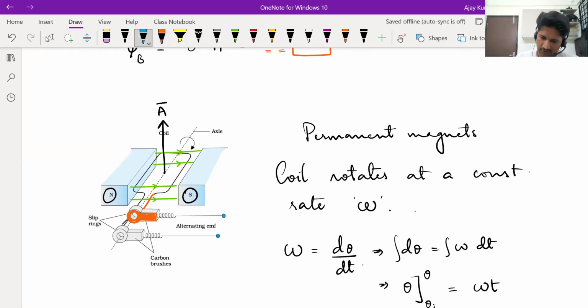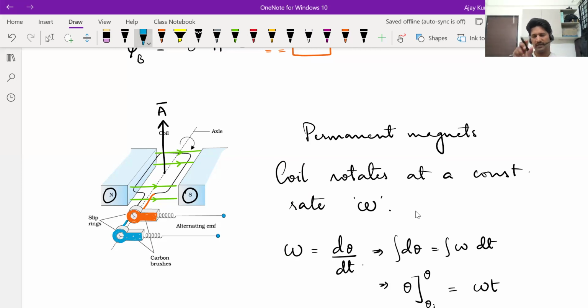And there's another terminal also, as you can see. This one. The other end of the coil is connected to this. Actually, I should not say connected also, it just touches. Now they have written the name there, slip rings. I'll tell you what it means.